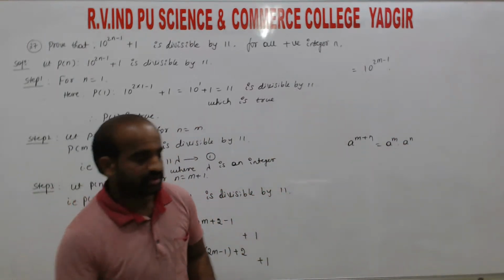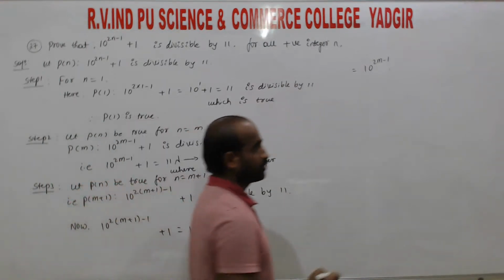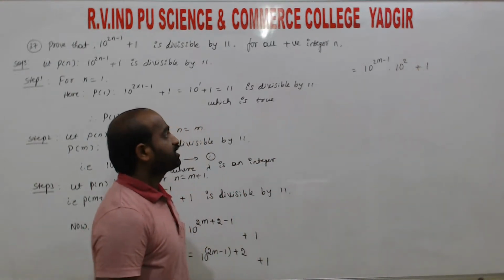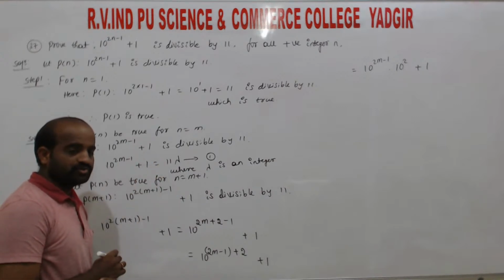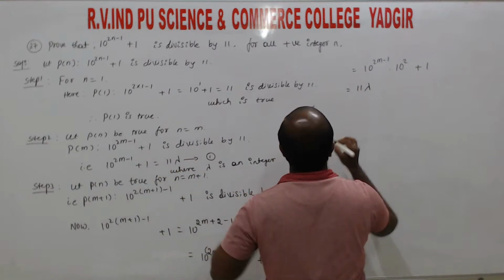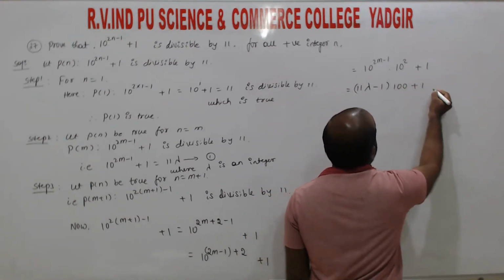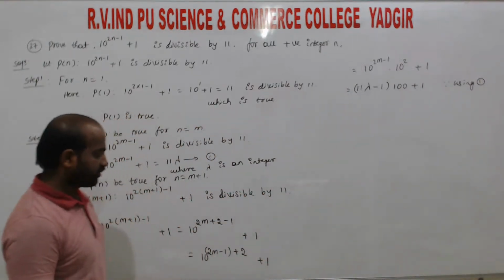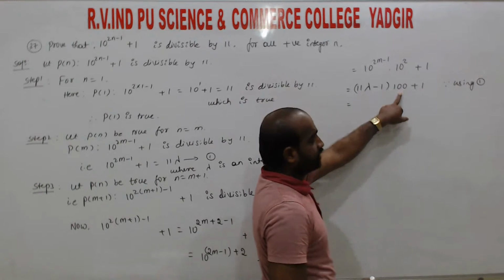The bases are the same, so we add the powers. Plus 1 as it is. Using equation 1, 10 to the power 2m minus 1 is 11 lambda minus 1, into 10 square, which is 100, plus 1.